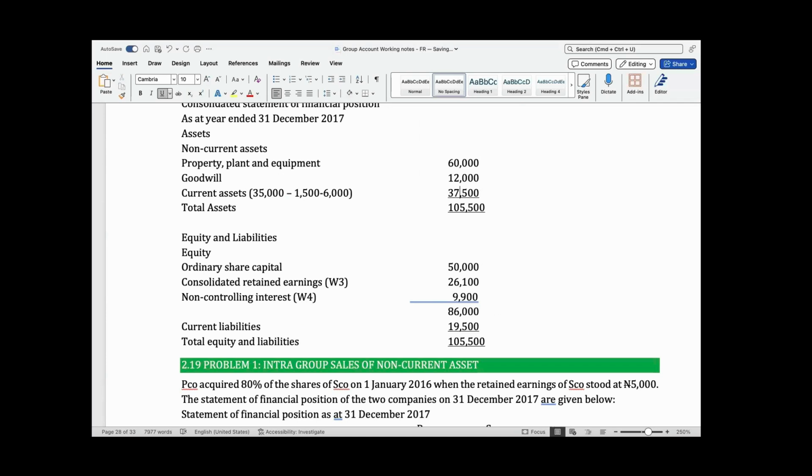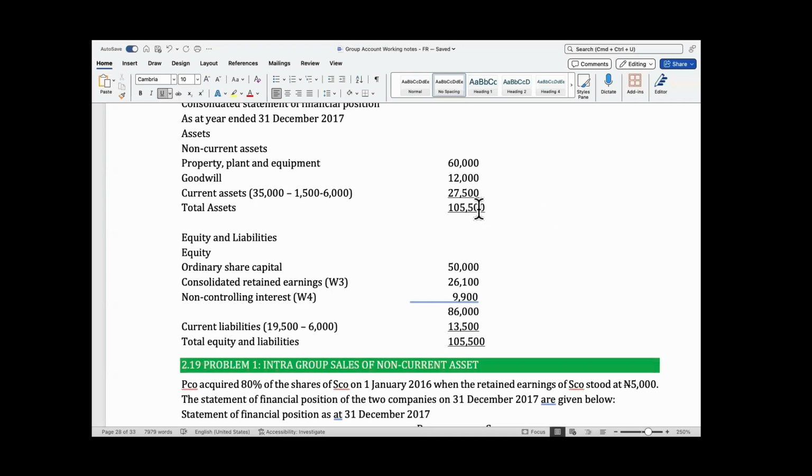Is that not 27,500? And you're going to remove the same 6,000 from here as well. So what will remain? 13,500.